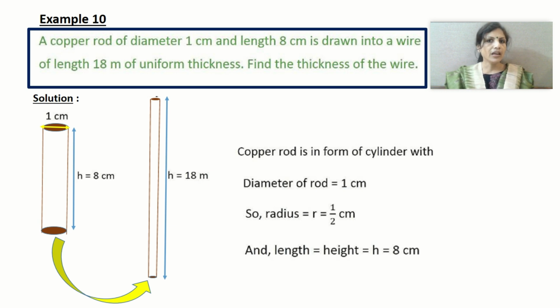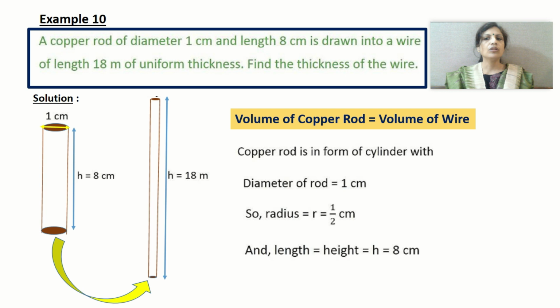So clearly our formula first would be volume of copper rod is equal to the volume of the wire. So let's find out one by one. The copper rod is in the shape of a cylinder which has a diameter of 1 centimeter. So its radius would be half centimeter.